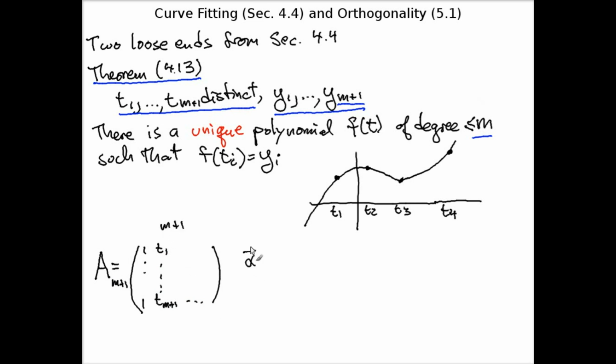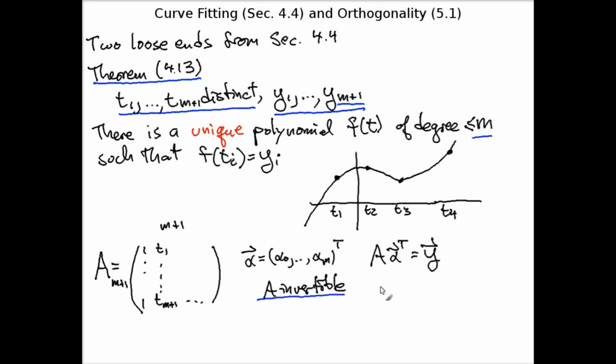And we let alpha be the vector of coefficients of the polynomial we're looking for. And we're trying to solve the equation A alpha is equal to this vector y. And the key point is that A is invertible. That's a key property of the Vandermonde matrix.